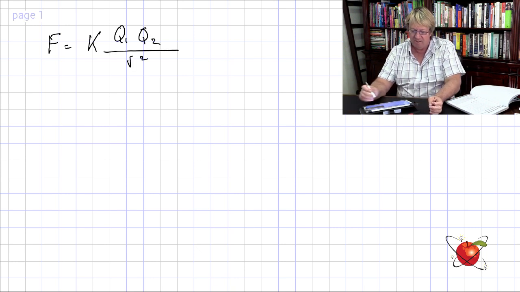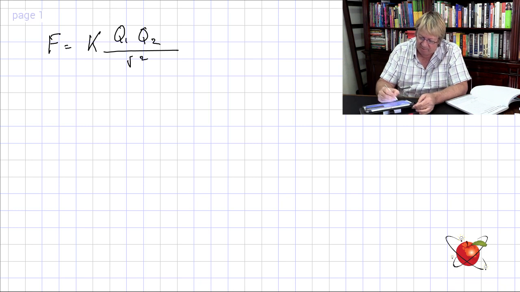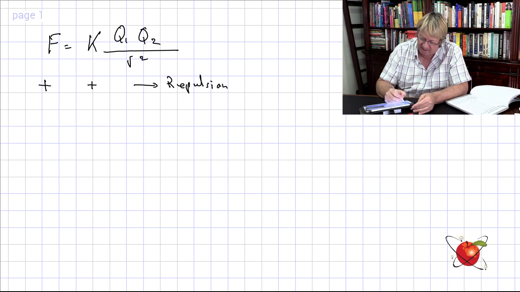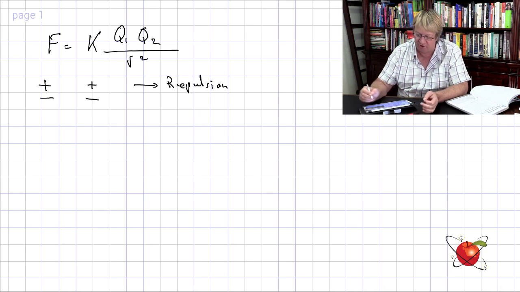Remember that? And these were the charges. If we had a plus and a plus, we got repulsion, and a minus and a minus, we also got repulsion. The others, we got attractive forces.